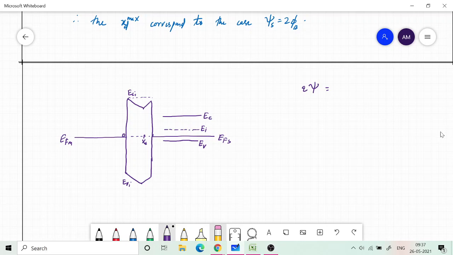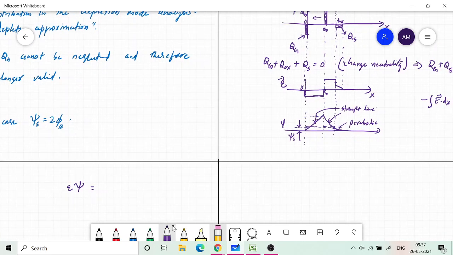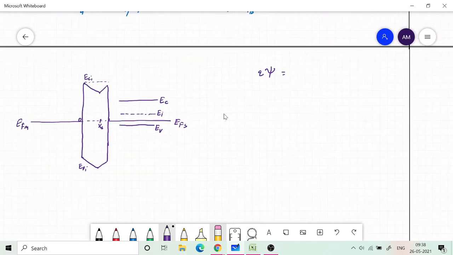So if you look back again at the potential diagram, you see that it increases to the peak and then comes back, not to 0, but slightly above 0. So whatever is left is dropped in the semiconductor.